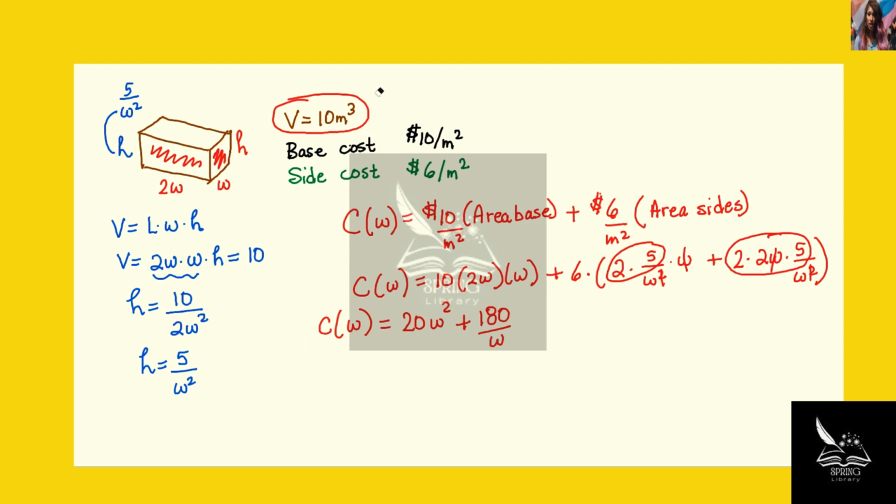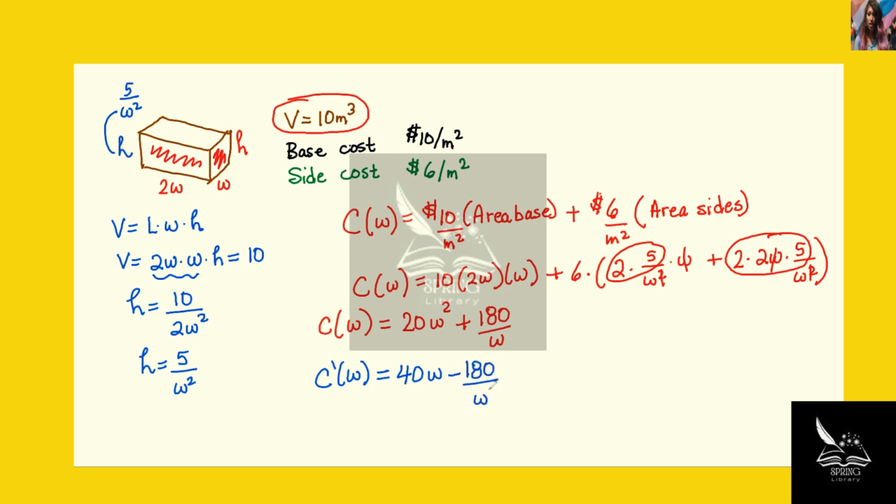Okay, so to find the minimum cost, we want to check our critical points and see what's going on with our function. So we're going to take the derivative of the cost function with respect to w, and that will give us 40w, and then the derivative of 180 over w is minus 180 over w squared.